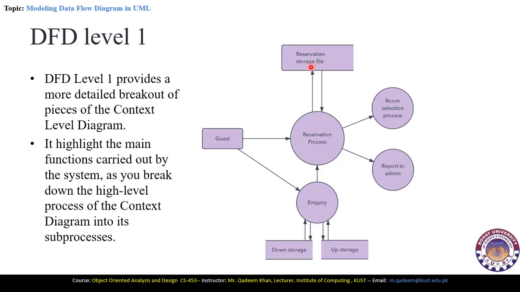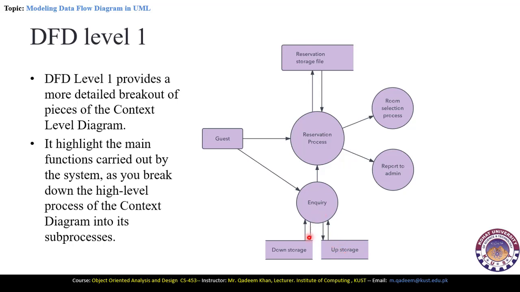And when the room is cancelled, the reservation may be cancelled, then the reservation storage file will also be updated here. Now the reservation process is interacting with the inquiry. So inquiry is providing data to the reservation process, while the data comes from the down storage and also from the up storage.